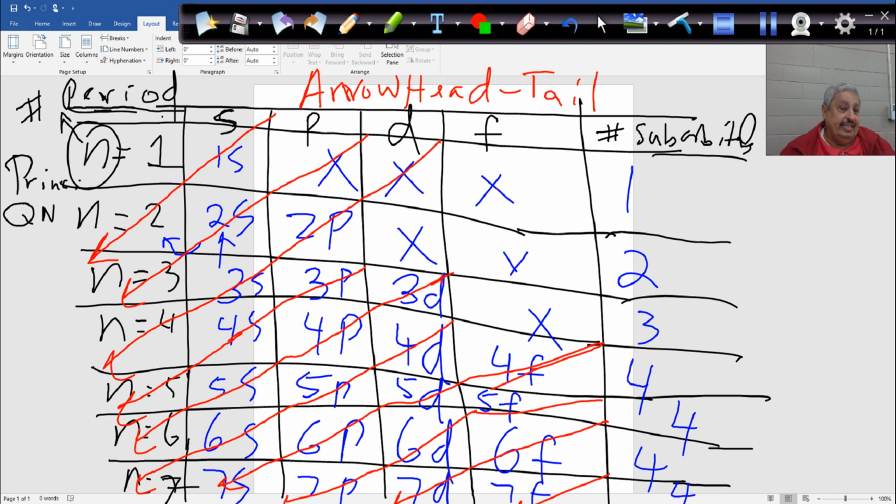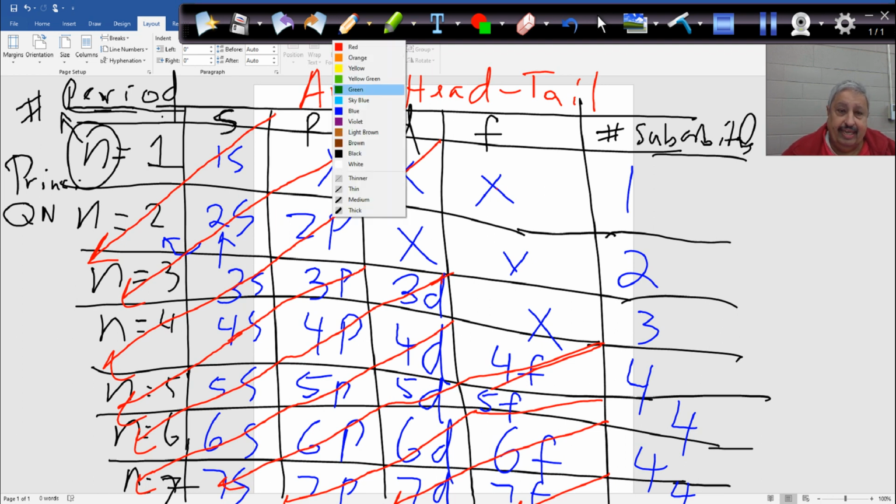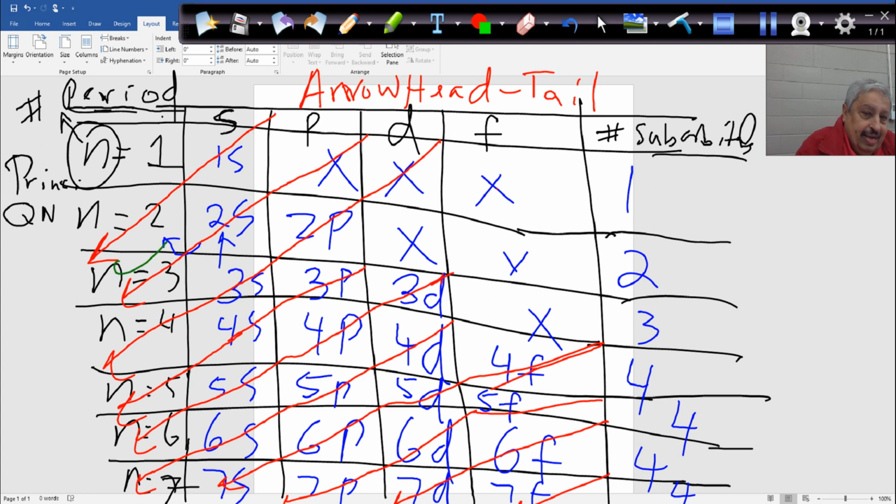So this is the head of the arrow, correct? Now I'll come with the tail of the arrow. I come back and take this one here, from the head back to the tail, the second one.